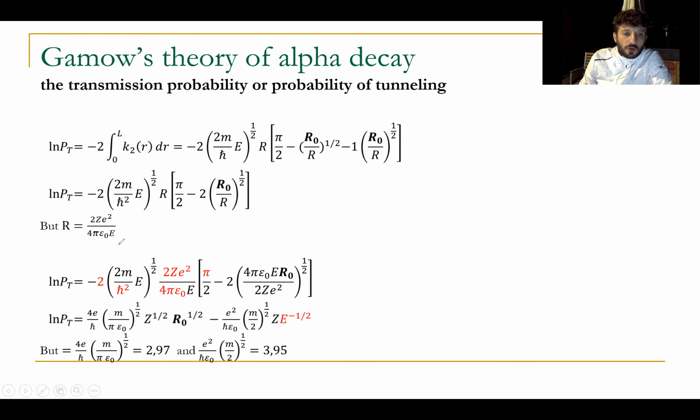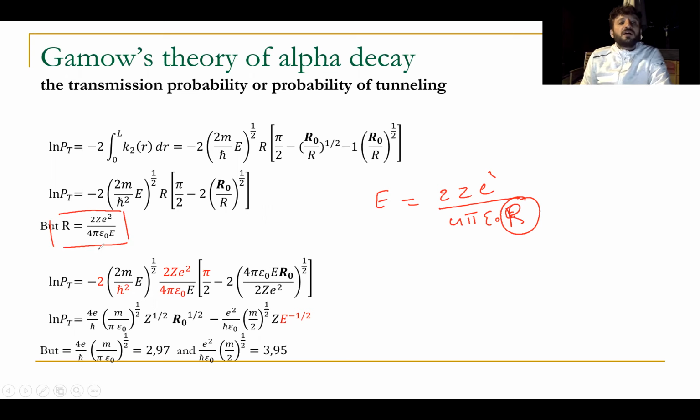Here, R can be calculated. We have E as a constant value equal to Z E squared divided by 4 pi epsilon 0 times capital R. We can calculate R from this equation, and at this point we substitute the value of R here and here.